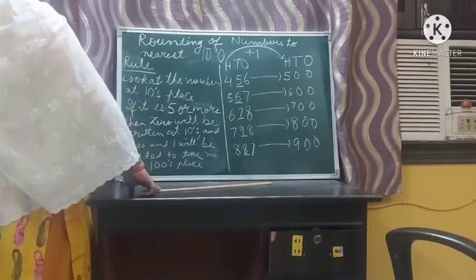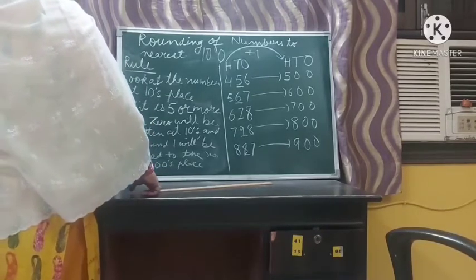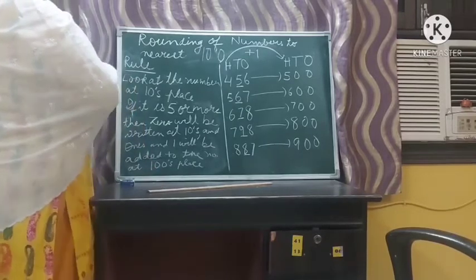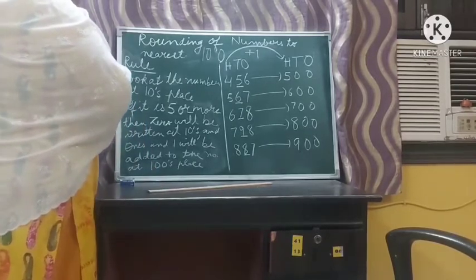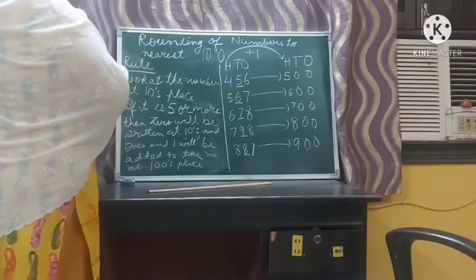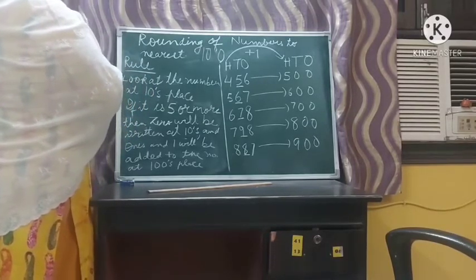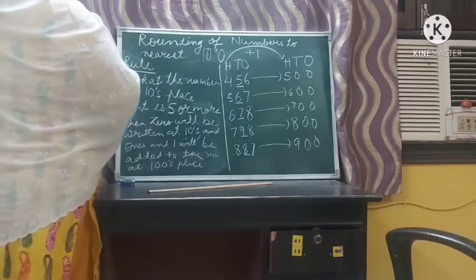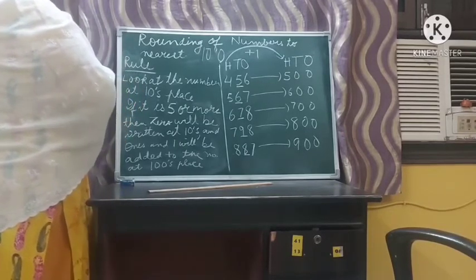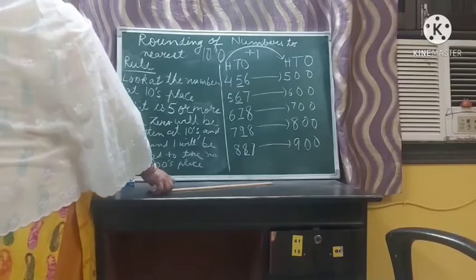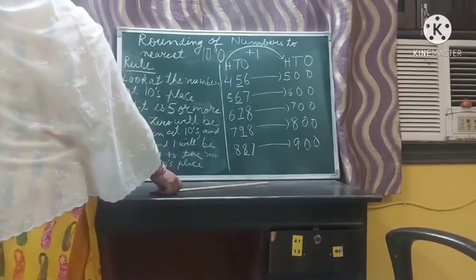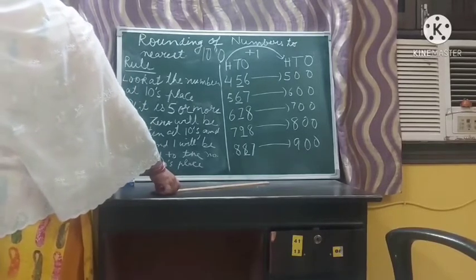Then in rounding off to 100, you have to consider the number at the tens place. If the tens place is 4 or less than 4, you will write 0 at tens and ones, and the 100 place will be copied as such. But if it is 5 or more than 5, then 0 will be written at the tens and ones place, and in the 100 place you will add 1.